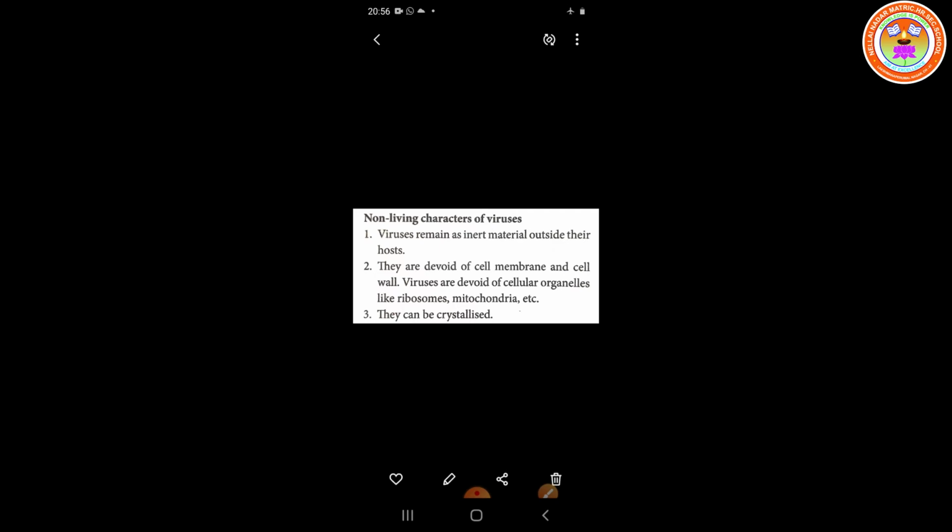Devoid means absence, children: absence of cell membrane and cell wall. So due to the absence of cell membrane and cell wall, viruses are non-cellular structures. Clear children? Viruses are also devoid of cellular organelles like ribosomes, mitochondria, etc. All the cellular organelles are absent in viruses. They can be crystallized.